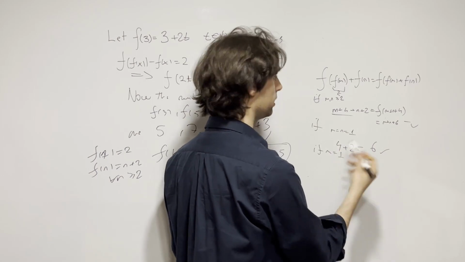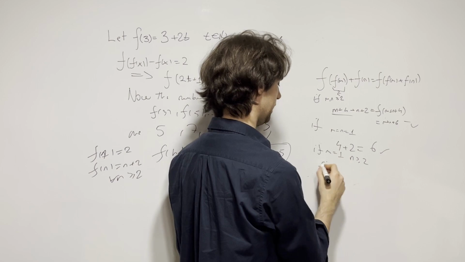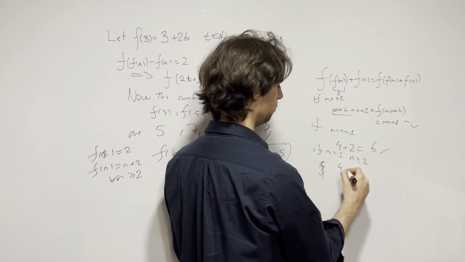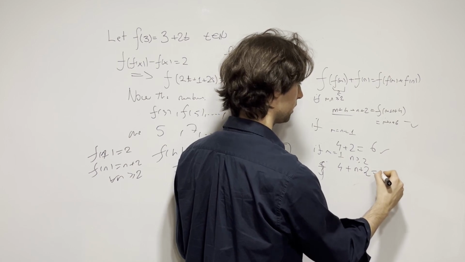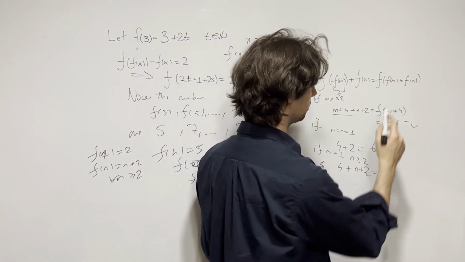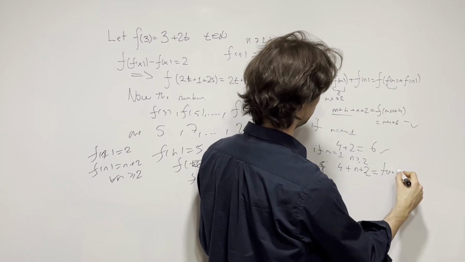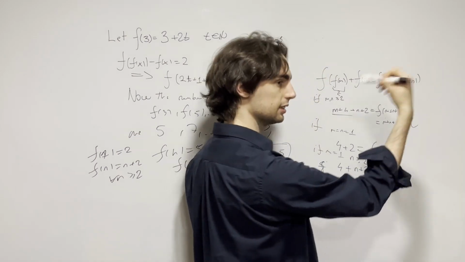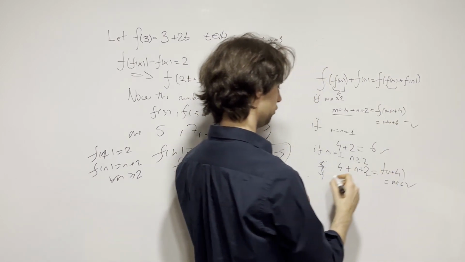If m is 1 and n is greater than or equal to 2, we'll have f of m equal to 4, plus n plus 2, which gives us f of n plus 4. Because f of n is n plus 2, we have n plus 4, which is equal to n plus 6. This is true.